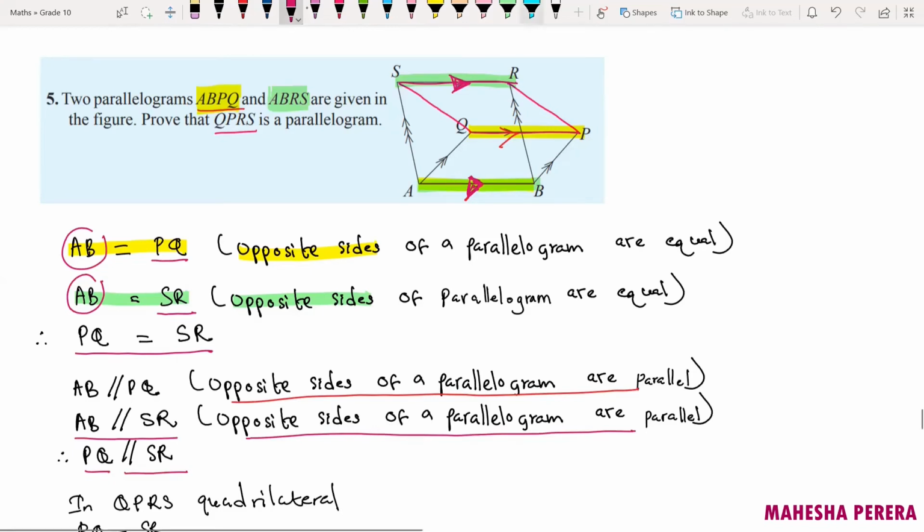Right, now notice this, right? We have proved that two sides are equal and parallel. And do you remember? It's a property of a parallelogram, right? So here we have successfully proved that this particular given quadrilateral is a parallelogram. So you need to write these steps.